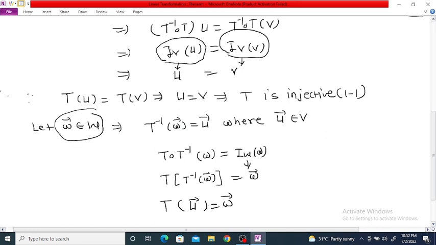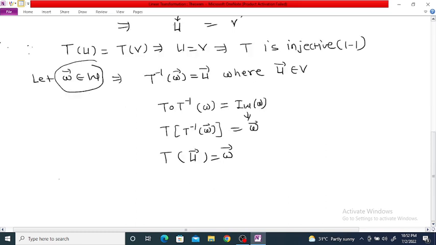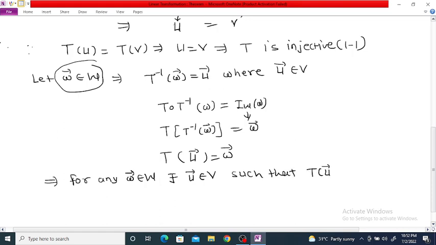There exists U bar belongs to V such that T of U bar is equal to W bar, and therefore for any W bar belongs to W, there exists a U bar belongs to V such that T of U bar is equal to W bar, and therefore T is surjective.